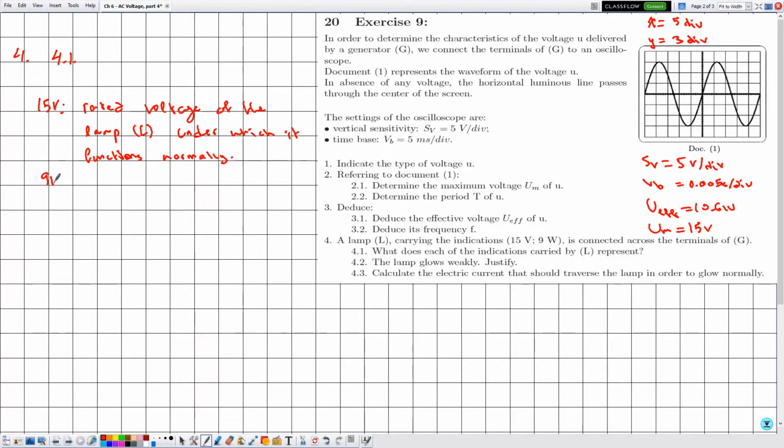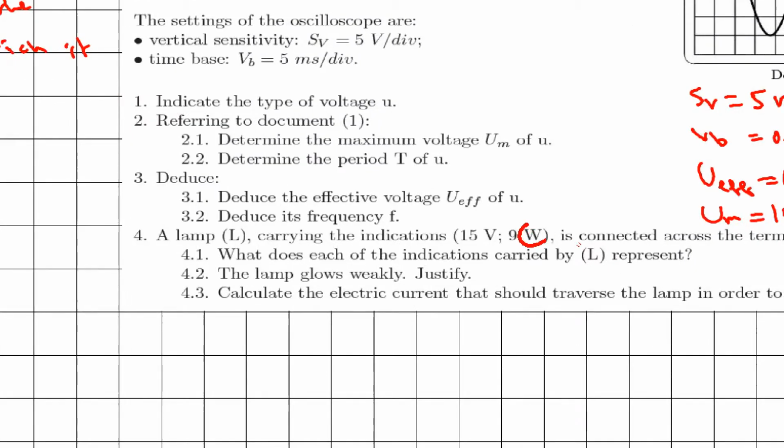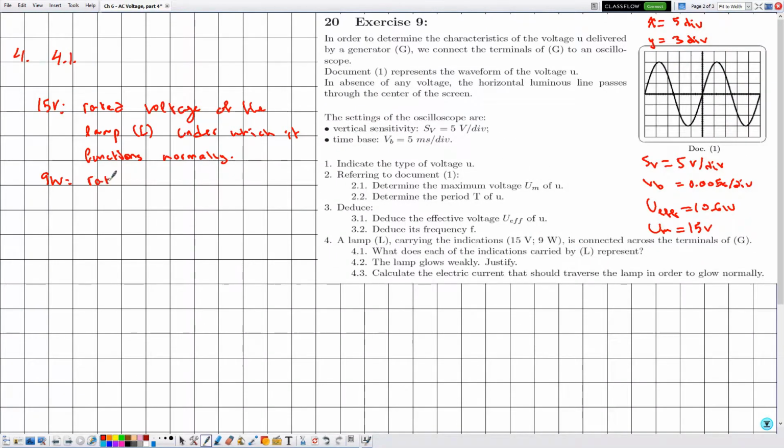Now as for 9 watts, watt is the unit of power, so this is the rated power consumed by the lamp L under which it functions normally. So this is it for part 4.1.